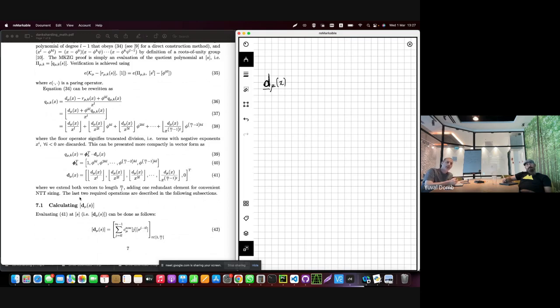So underline d mu x is not the original polynomial, but it's actually a vector that is an outcome of the original polynomial. And it's a vector that looks like this. It's an interesting thing, like a vector of polynomials.